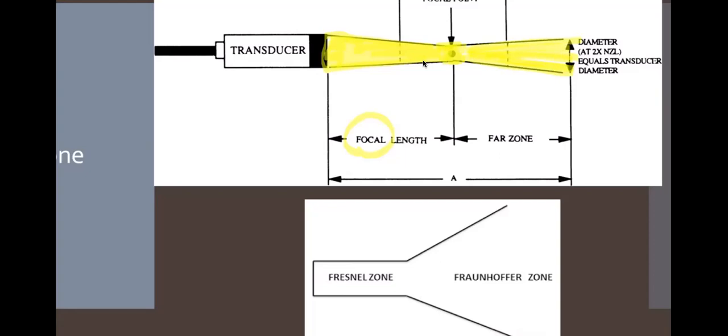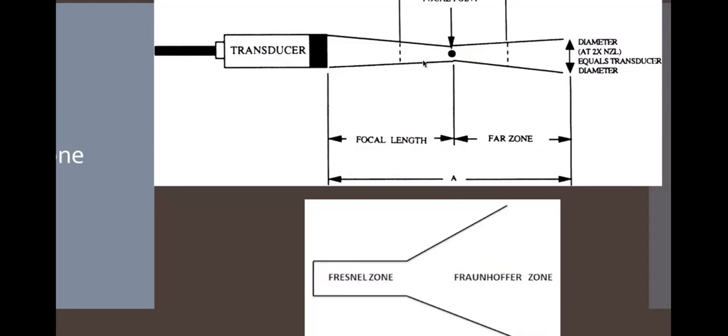The wider the beam, the more negative effect it has on your image, because there's a decrease in amplitude, power, and intensity. The far zone, so this guy out here, the far zone is also called the far field or Fraunhofer. And so you guys want to put those AKAs down.